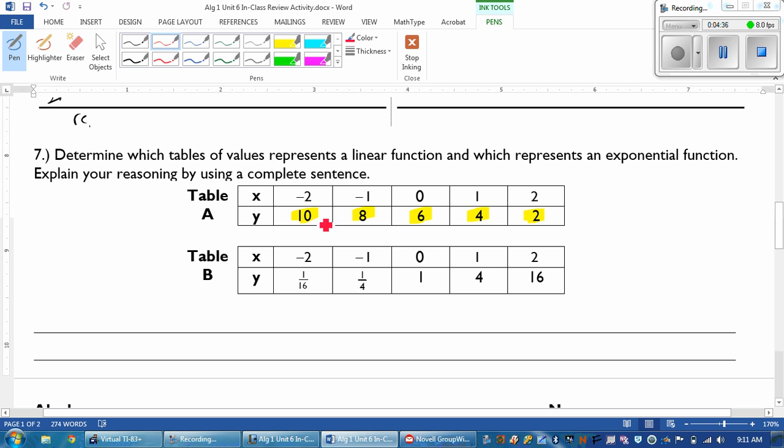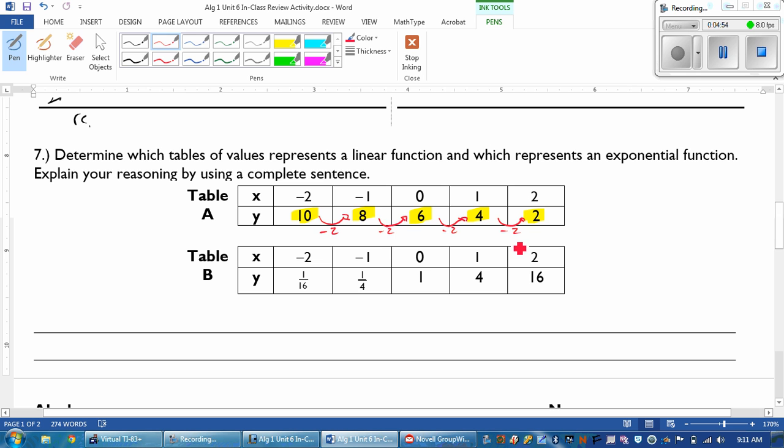From one y to the next, what's going on there? 10 to 8, 8 to 6, 6 to 4, 4 to 2. Hopefully you notice that they are all being subtracted by 2.